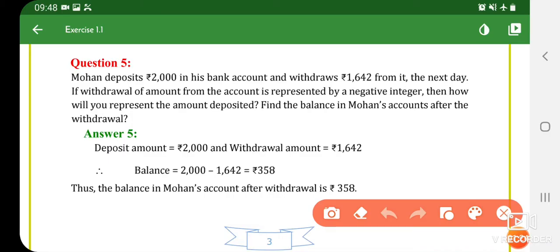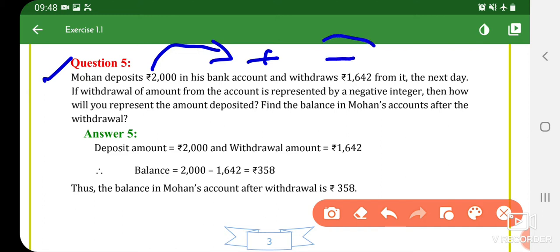Now the next question, question number 5. Mohan deposits rupees 2000 in his bank account and withdraws rupees 1642 the next day. Deposit means he has deposited, that means positive, because he has already money. And withdraw means taken out, that means minus.